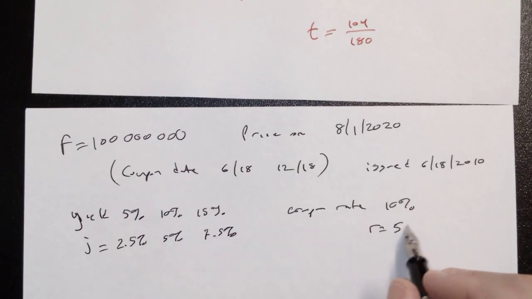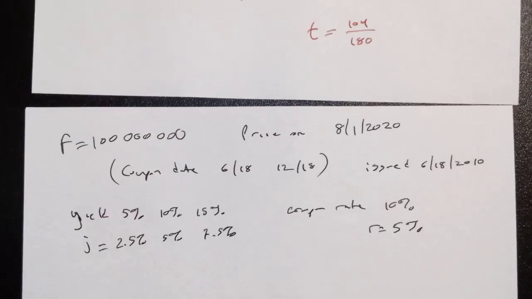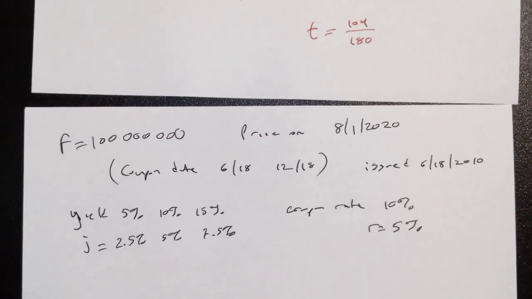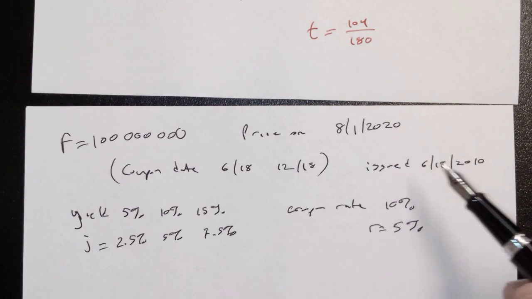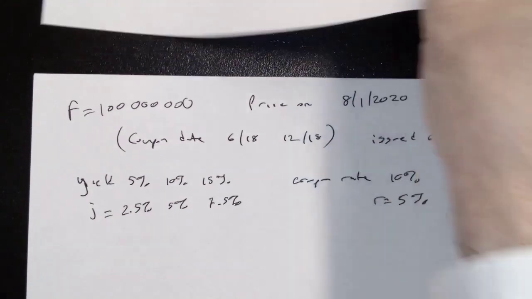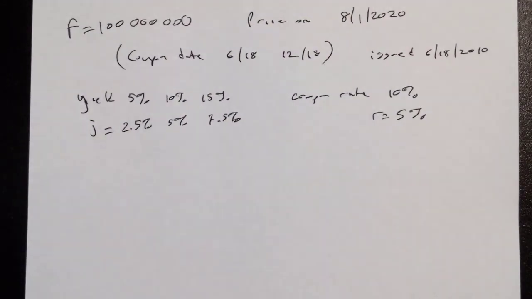And R is half this. Okay. With this in mind, I need to go two different ways. I need to go from June 18th to August 1st. That would be my coupon date, it was June 18th. So from June 18 to August 1st.